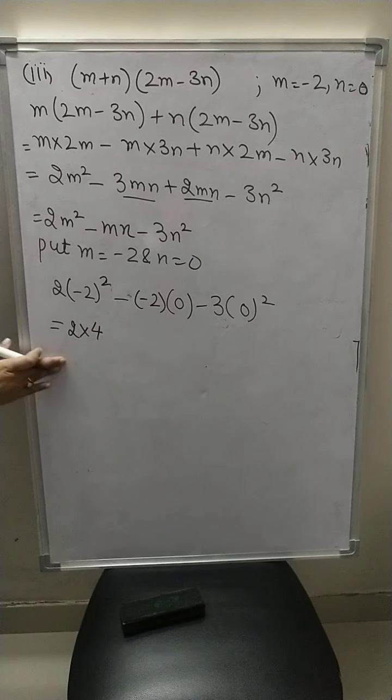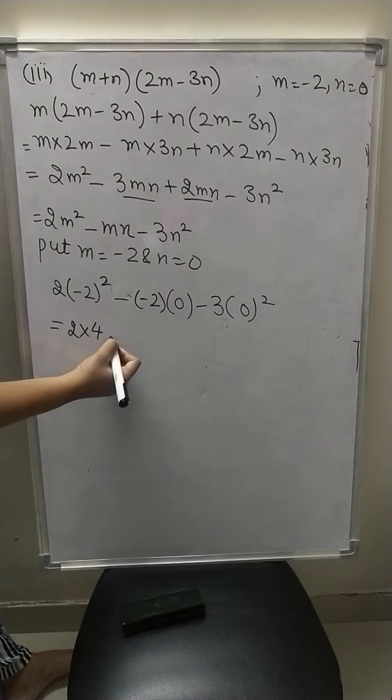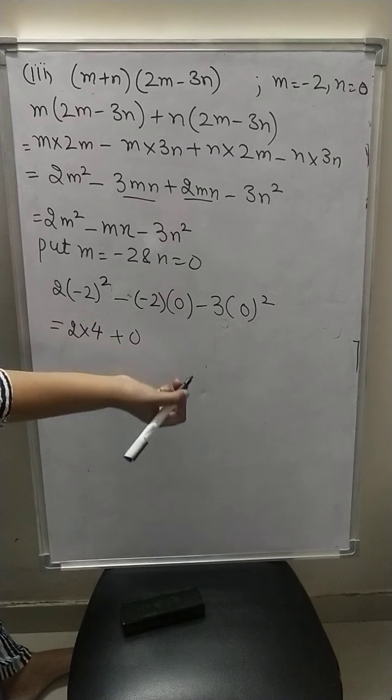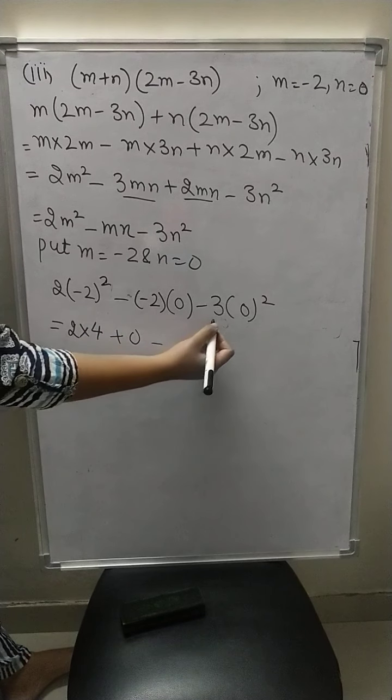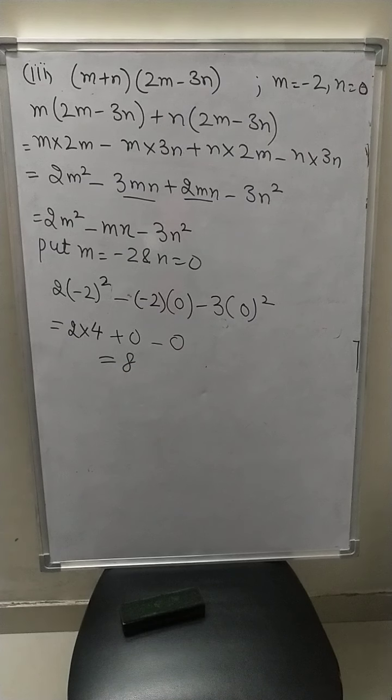It is 4. The square of a negative number is always a positive number. Then 2 into 0 is 0. So I am simply writing plus 0. Minus minus will make a plus. And here 3 into 0 is again 0. So the required answer in this case is 8. I hope it is also clear to you all. Now I come to the fourth part, which was the major problematic area.